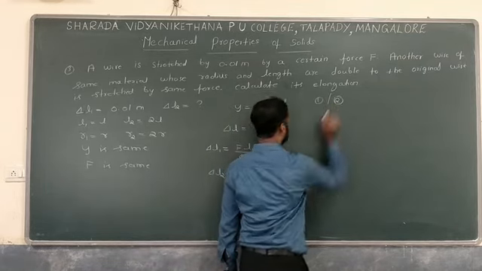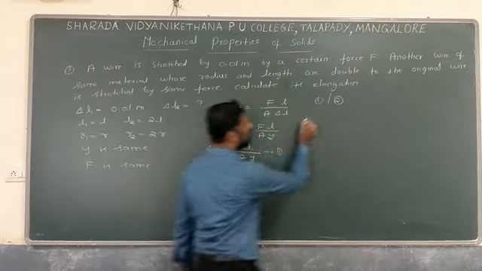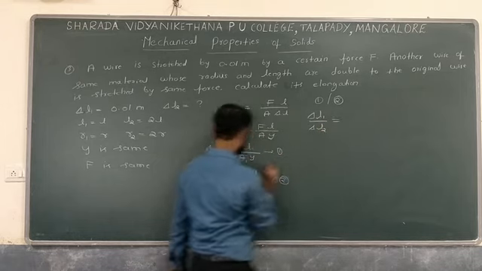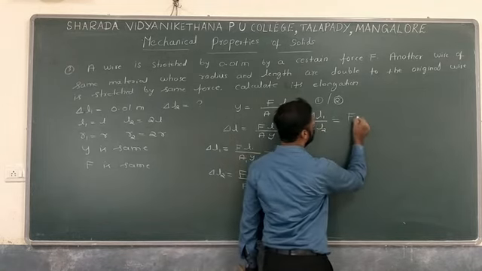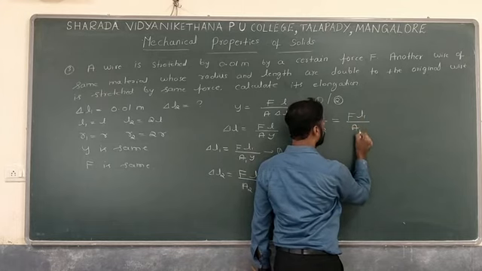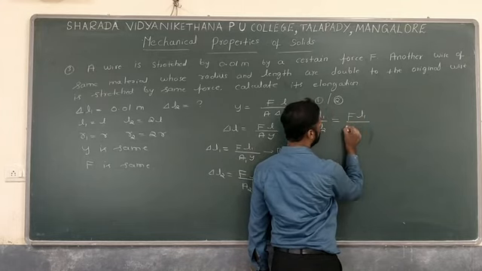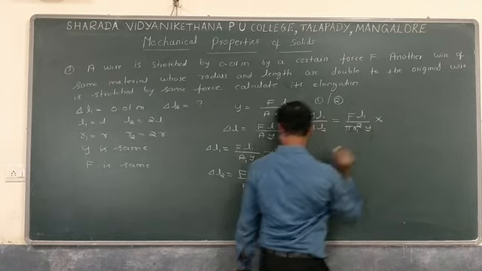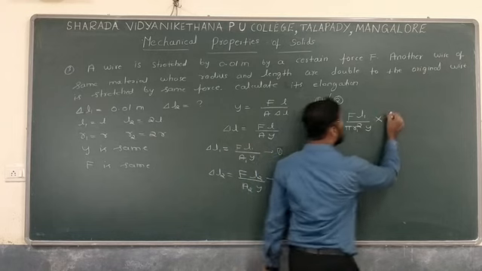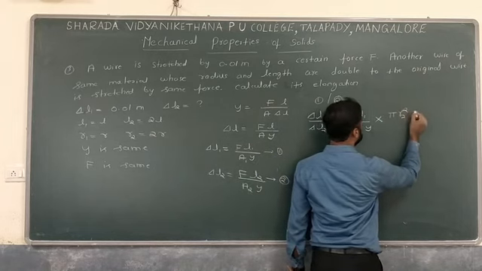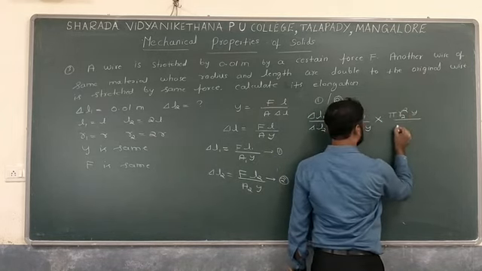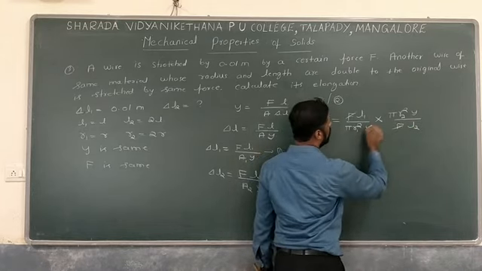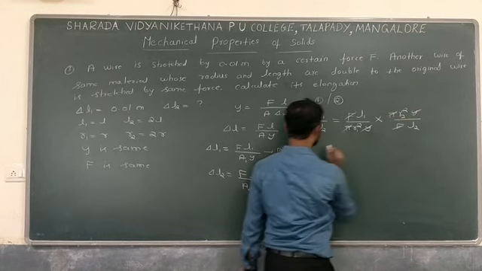Dividing equation 1 by 2, you can write delta L1 by delta L2 is equal to F into L1 divided by A1 into Y. Here A1 can be written as pi R1 square into Y, multiplied by pi R2 square into Y divided by F into L2. So here F and F, Y and Y get cancelled, pi gets cancelled.